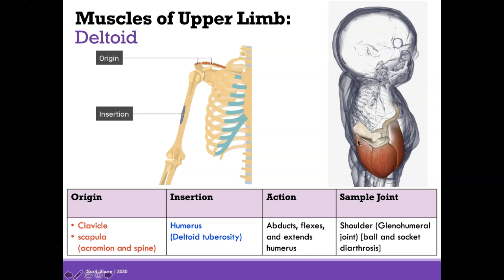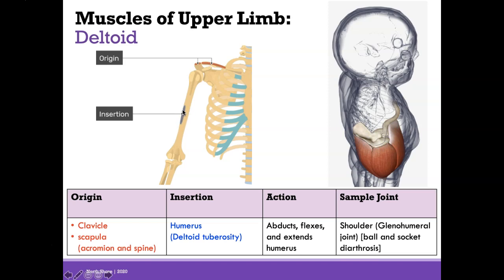The deltoid is right here. It originates at the clavicle and the scapula. Right, so that's up here. The scapula, specifically the acromion, which is this part over here, and the spine and the clavicle. And then it inserts on the humerus.